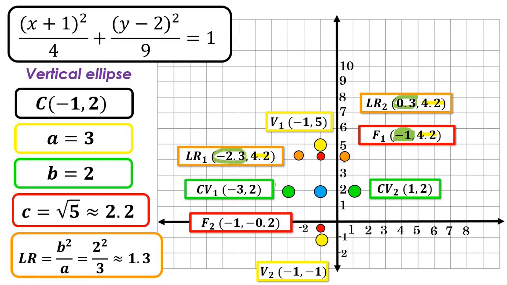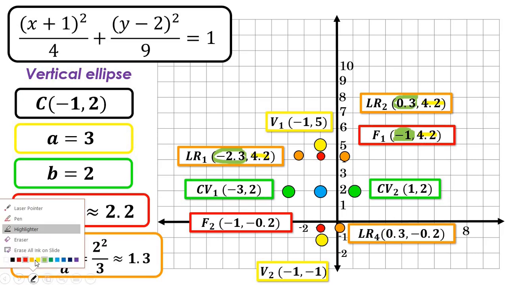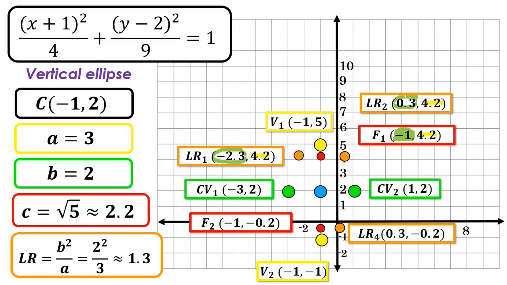Meanwhile, if we start now from the other focus, we still move 1.3 units to the right, and that will have coordinates (0.3, -0.2). Notice that it will have the same x value as the aligned latus rectum endpoint above it, but of course it will have a different y value, which is -0.2.